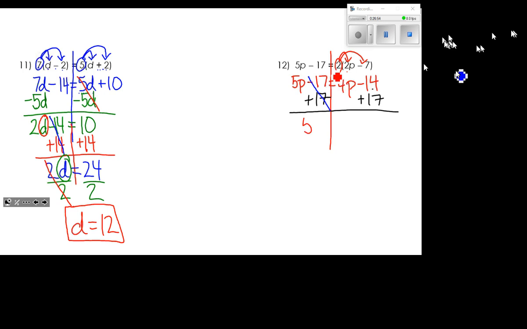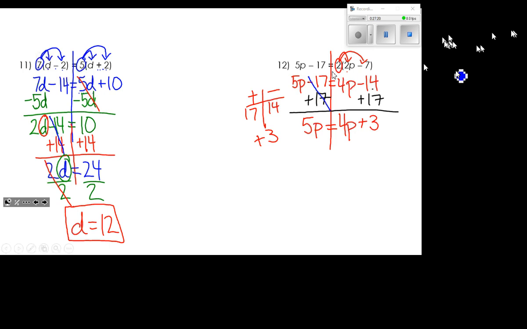And 5p is left. I have 4p still. And if I do a t-chart for negative 14 plus 17, I know I'm going to have a positive answer because 17 is larger, and the difference is 3. So positive 3.